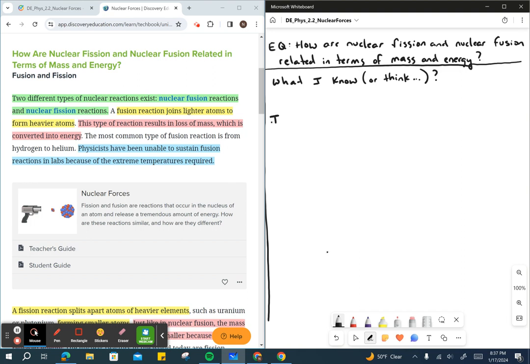So let's go ahead and start our notes. And it starts off with these ideas of fusion and fission. In very simple terms, we could say that fusion is when you take two items and you fuse them together into one item, right?